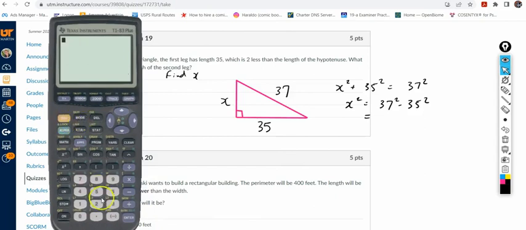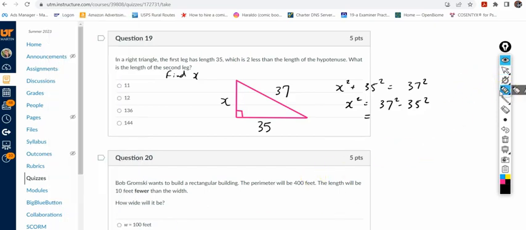So 37 squared minus 35 squared is 144. Now, if I take square roots of both sides, then I get x is equal to plus or minus the square root of 144, which is plus or minus 12. But this is the side of a triangle, and so it has positive length, so I'm going to choose x to be positive 12.